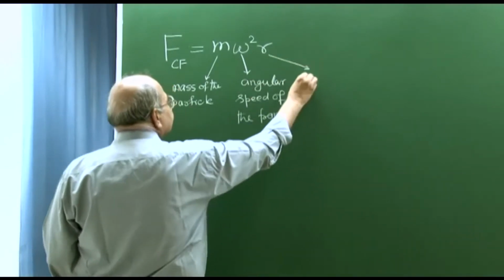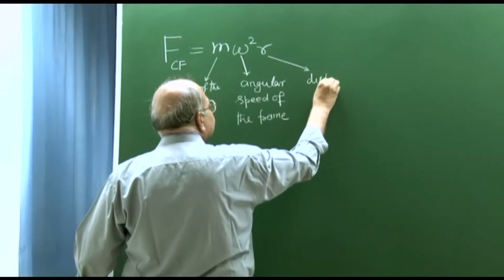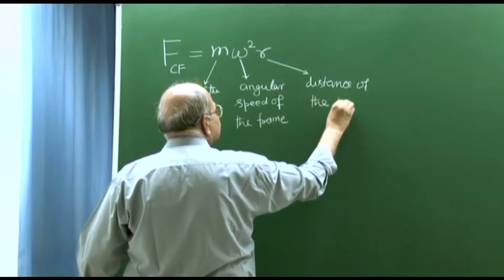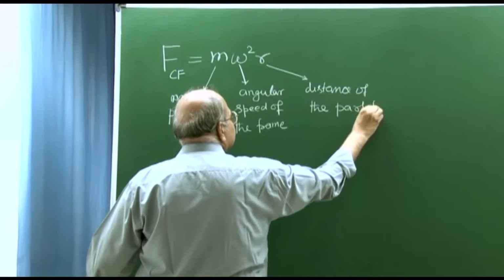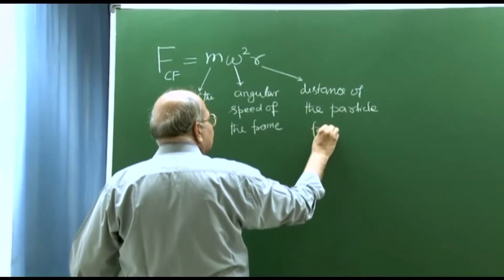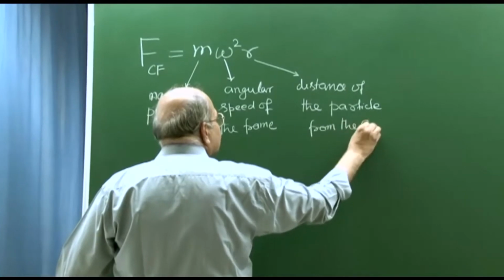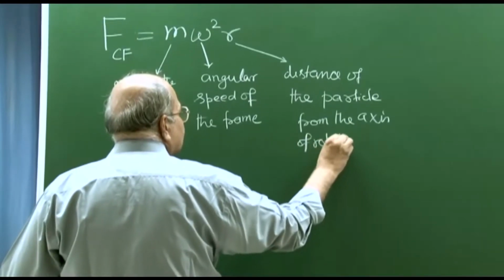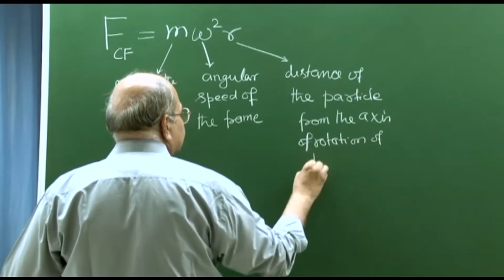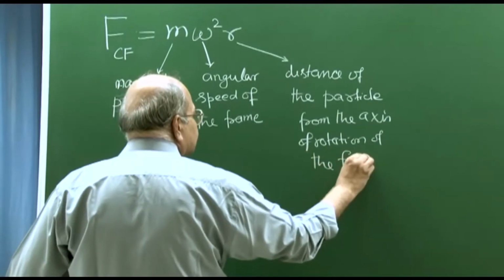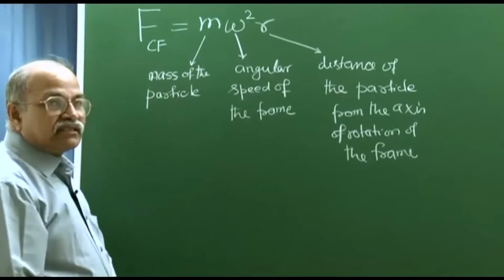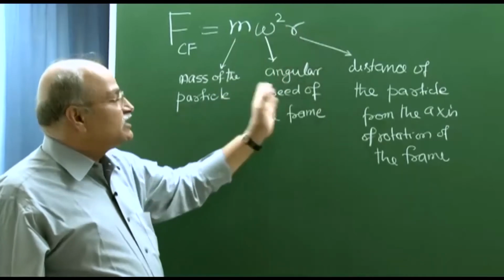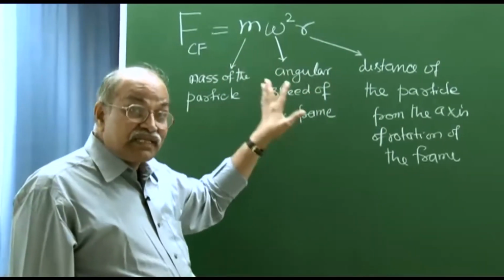And this r is the distance of the particle from the axis of rotation of the frame. Okay. So, these three symbols have these meanings, and that has to be understood very clearly.